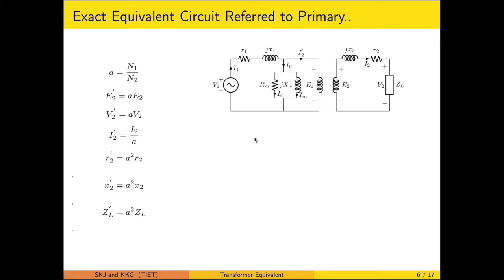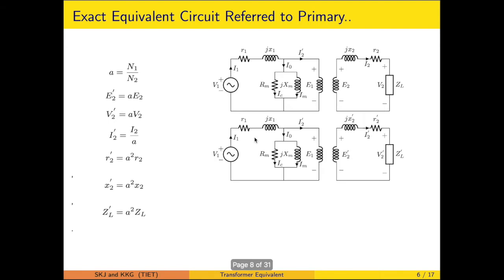When this is implemented, it results in a situation like this. Now what has been done is that E2 is now becoming E2 dash. So the voltage levels come out to be the same, and please note that E1 is basically equal to E2 dash.